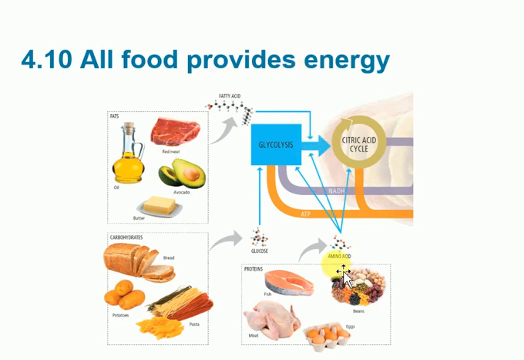How about proteins? You're eating meat, you're eating eggs, you're eating anything that has proteins. What's going to happen? You are going to break it down into amino acids, and amino acids somehow are going to be incorporated into the cellular respiration. Amino acid can get incorporated into glycolysis itself.